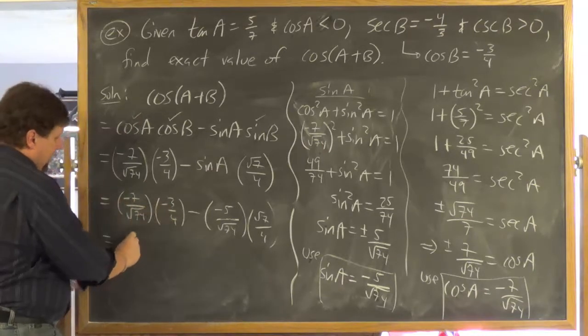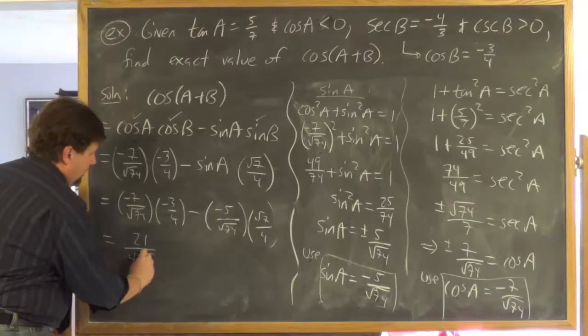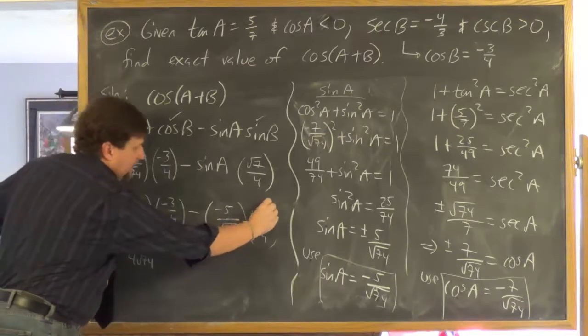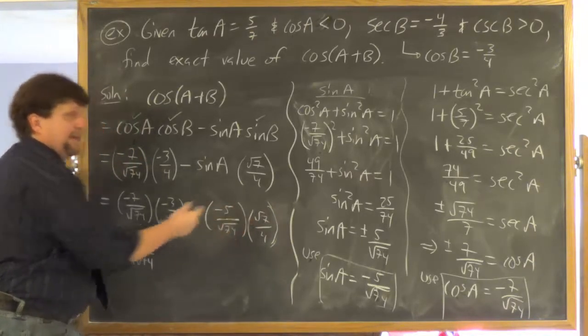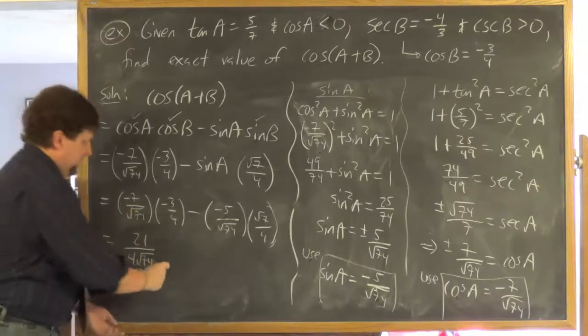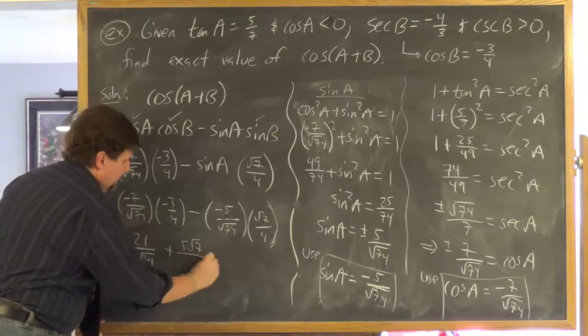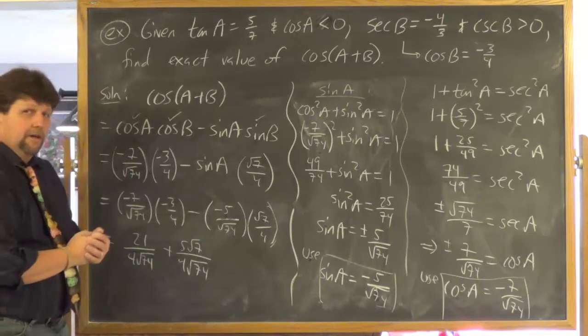Negative times negative is positive, so we get a positive 21 over 4 square root 74. And then, up to my parenthesis there, minus, this product will be negative, so minus a negative is plus 5 square root 7 over 4 square root 74.